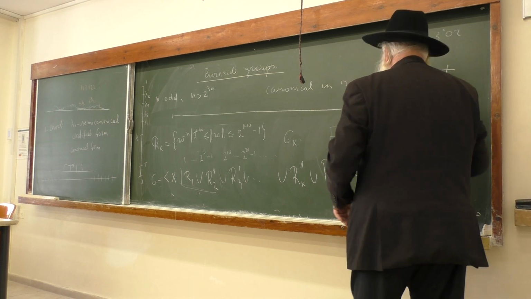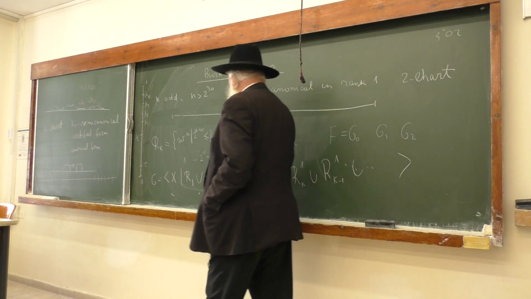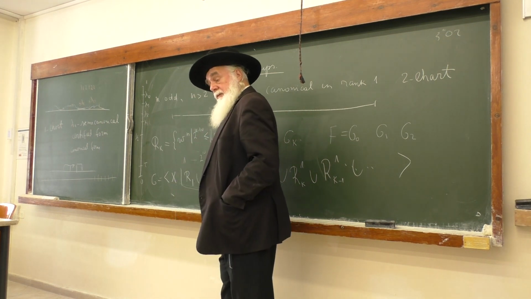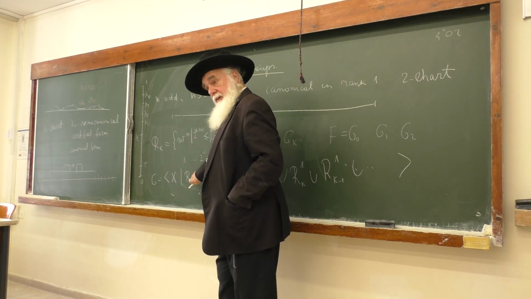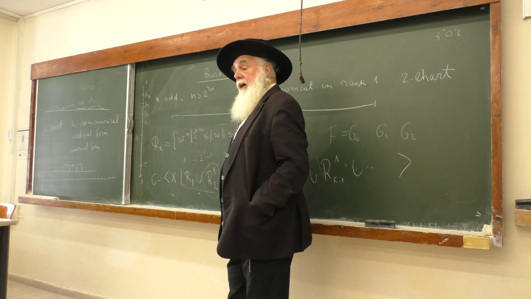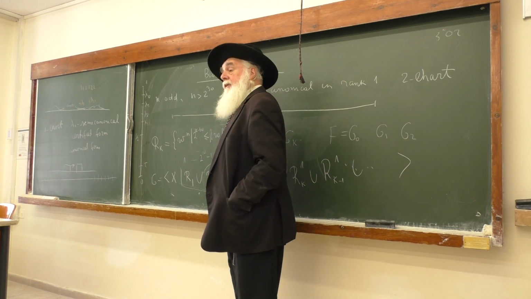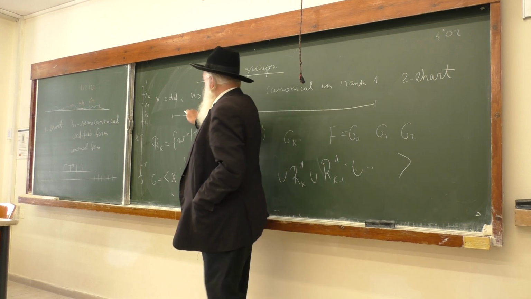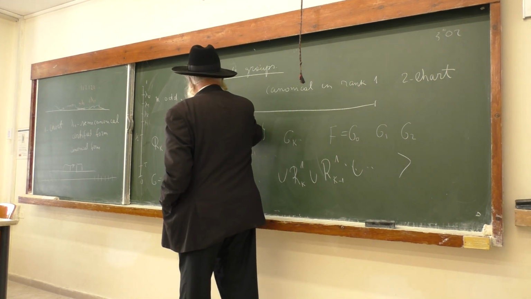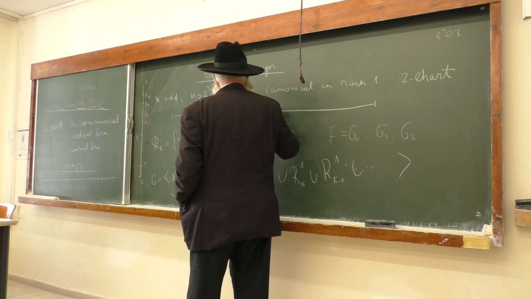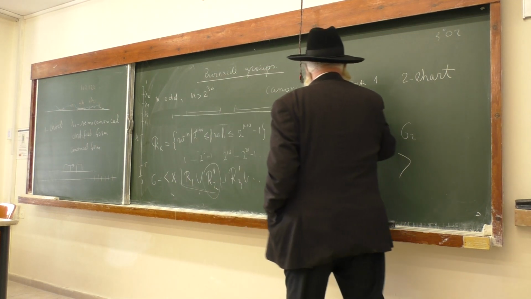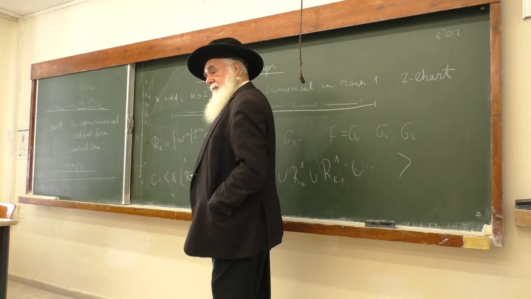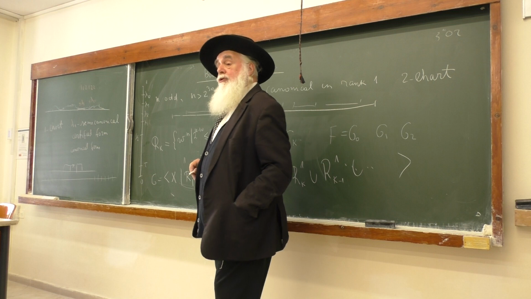Two chart means we look on R1 at the canonical words, the periodic words, which are in the canonical form as cyclic words. And we take their sub-relators that may appear here. They may not appear, but if they appear, they may appear, whatever. This is the two chart.